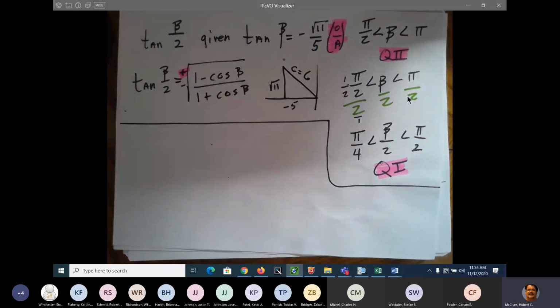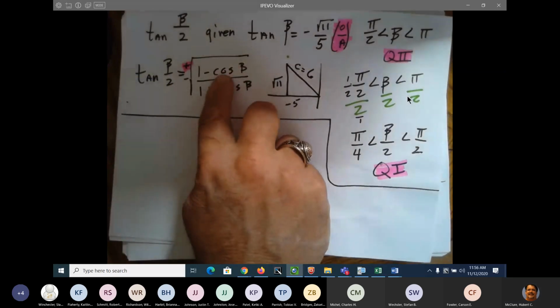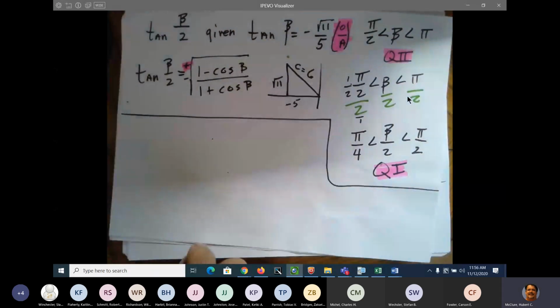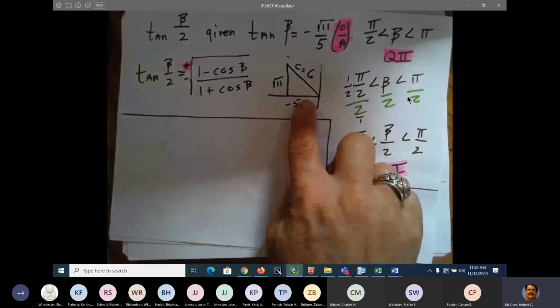Now, what do you need? Your value for cosine of beta. Well, you got it right here, -5 over 6.